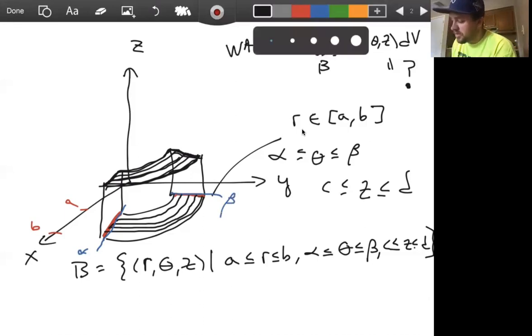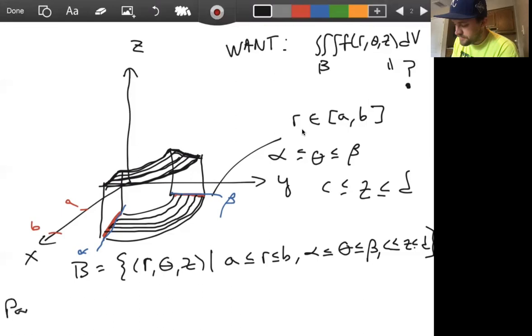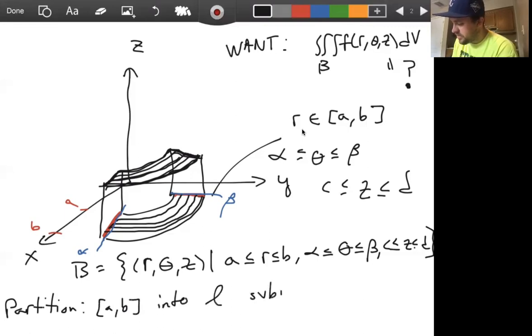And so let's say we partition a, b into L subintervals.